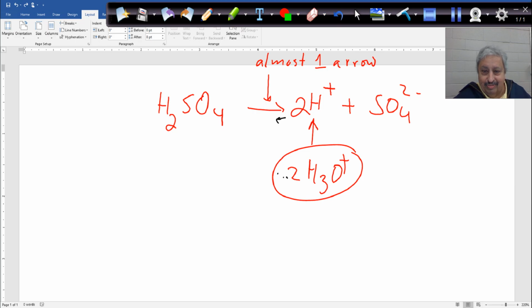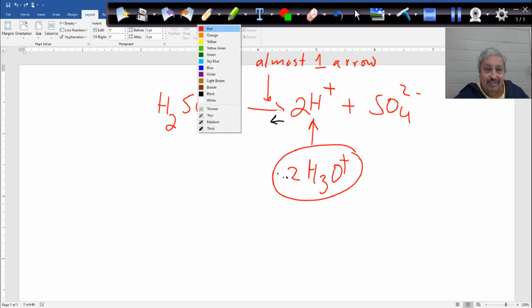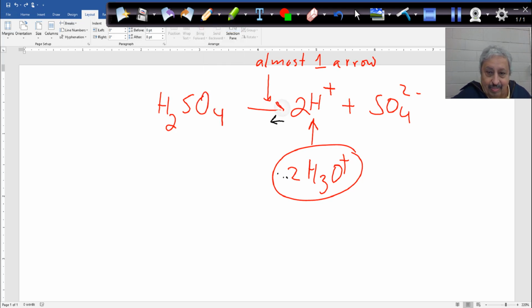It does not want to draw very well, but I'm trying. So maybe like this. See here? The red one here is very thick this way. So this one here is a strong acid.